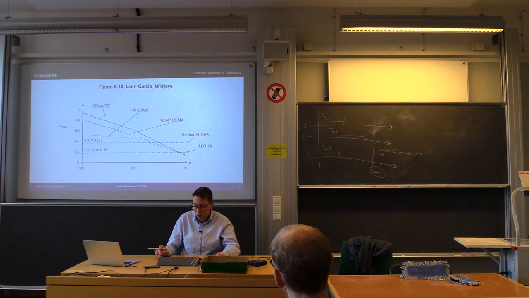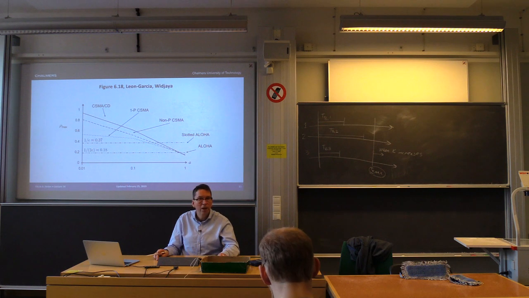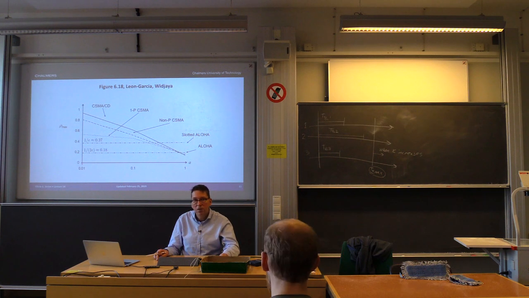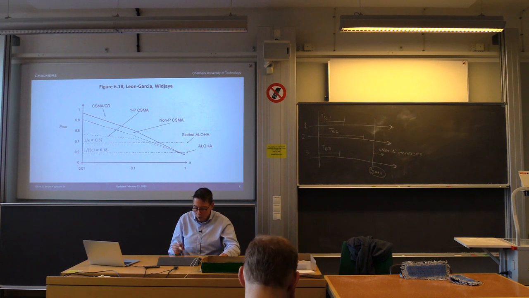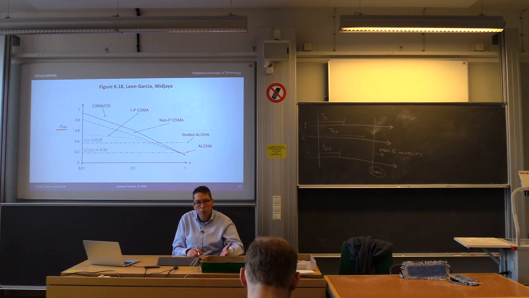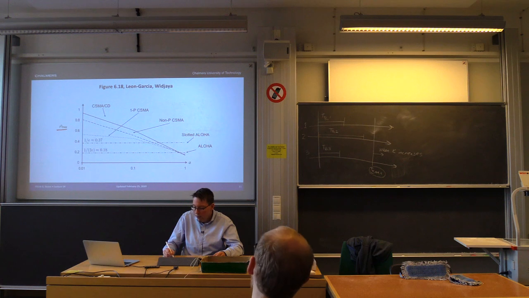So here I will show you a picture where I have no idea how this picture was created. I just picked it out of a book and it was not very explicit on what happened here. But it illustrates a point which makes sense. That's why I put it up here. So if we look at rho max, that's the maximum load we can support as we increase a.